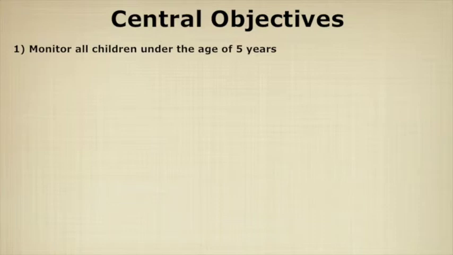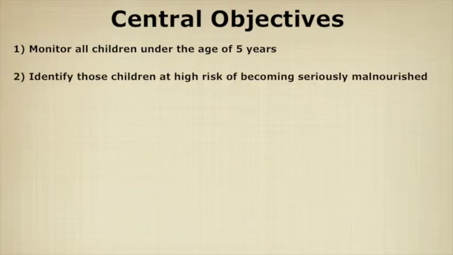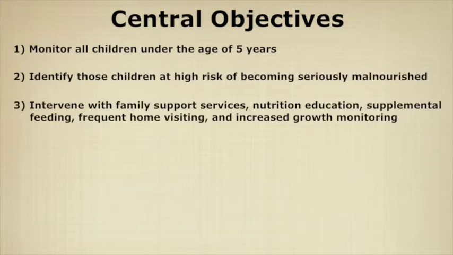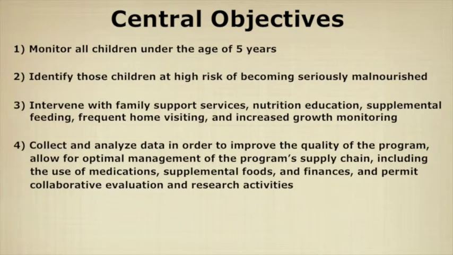The 4 objectives are to monitor all children under the age of 5 years, to identify those children at high risk of becoming seriously malnourished, to intervene with family support services, nutrition education, supplemental feeding, frequent home visiting, and increased growth monitoring, and to collect and analyze data in order to improve the quality of the program, allow for optimal management of the program's supply chain, including the use of medications, supplemental foods, and finances, and permit collaborative evaluation and research activities.